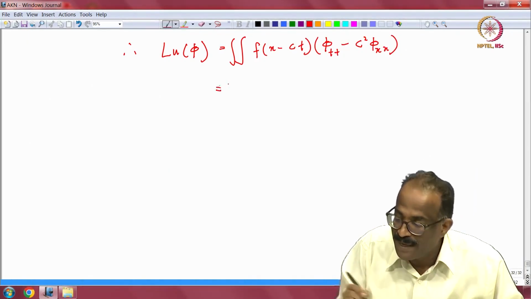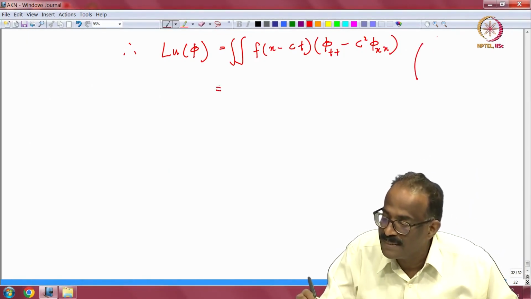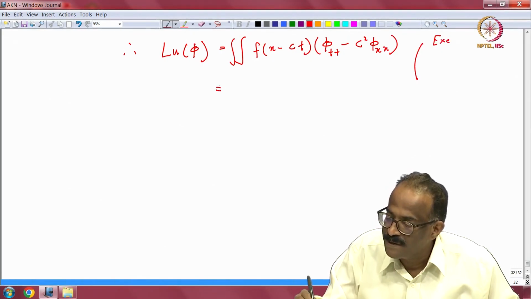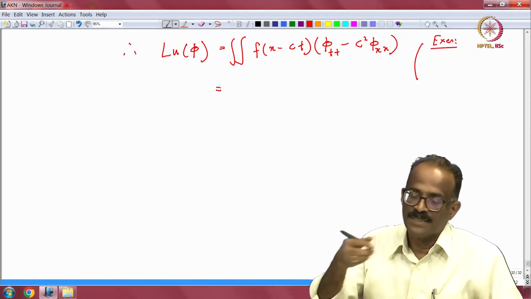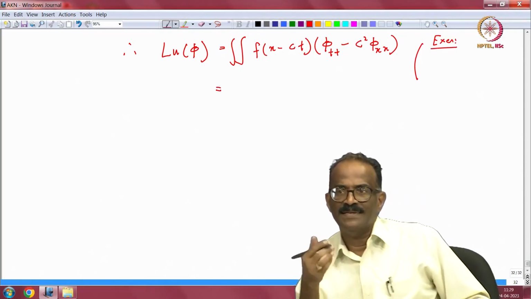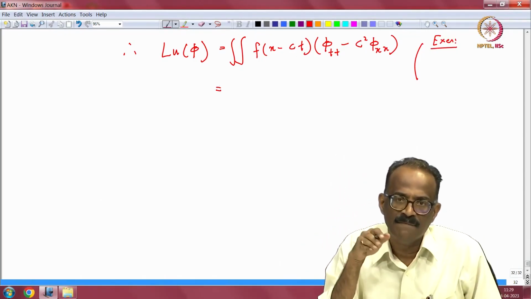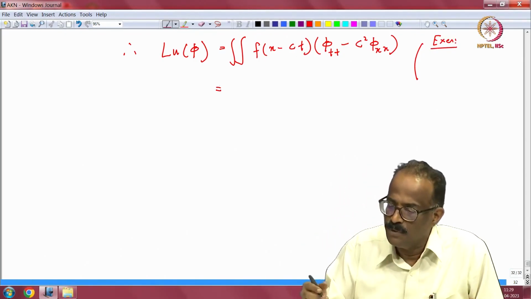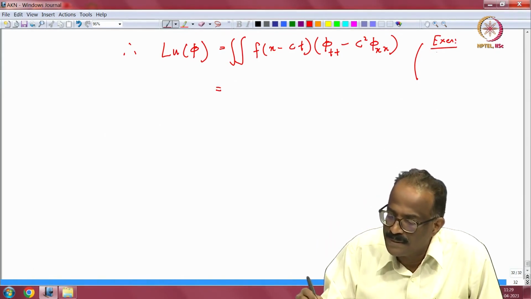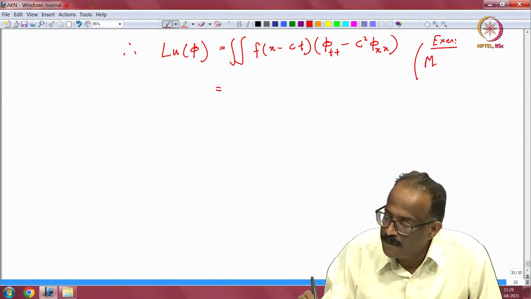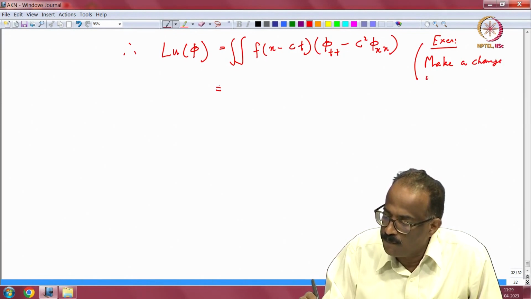This is an exercise. Those who have studied PDEs and the travelling wave solutions know this. So, exercise: make an appropriate change of variable.